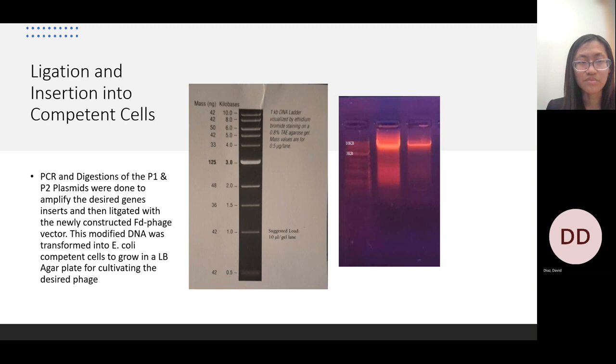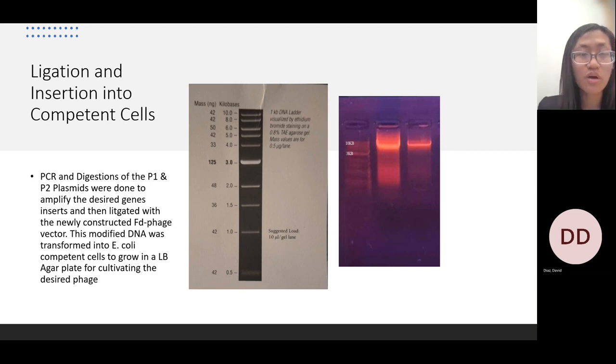This modified DNA was transformed into E. coli competent cells, and then they were grown on LB agar plates for cultivating the desired phage. So as you can see right here, this is actually the key for the DNA ladder when we were running the gel electrophoresis on the right side of the image.